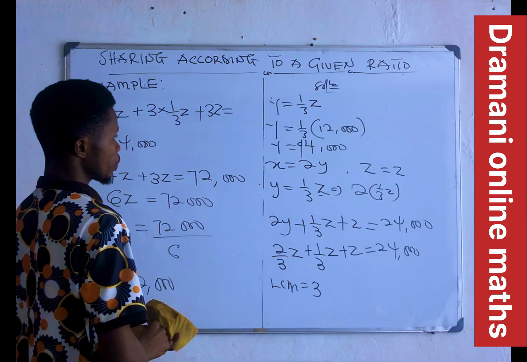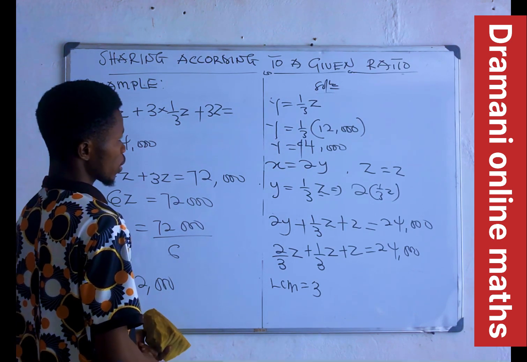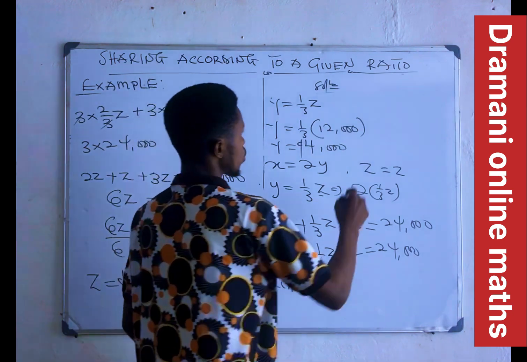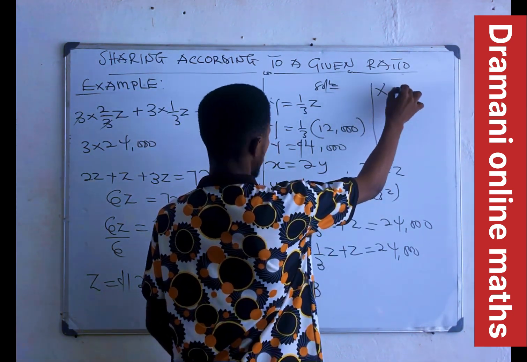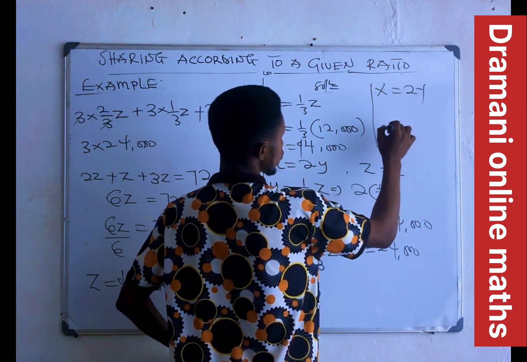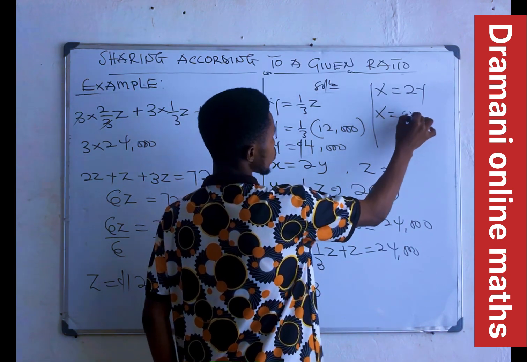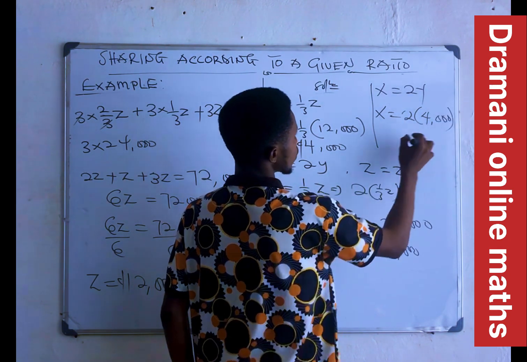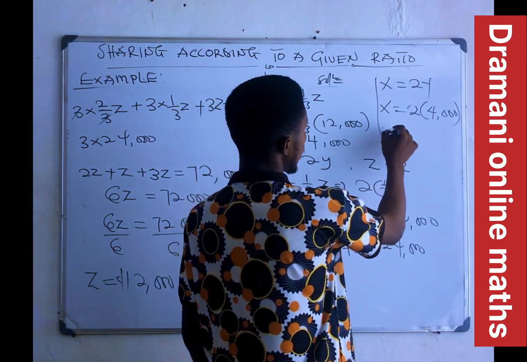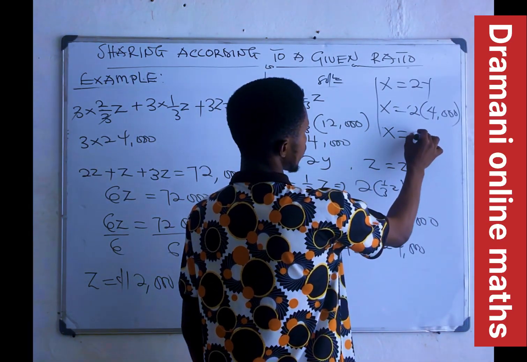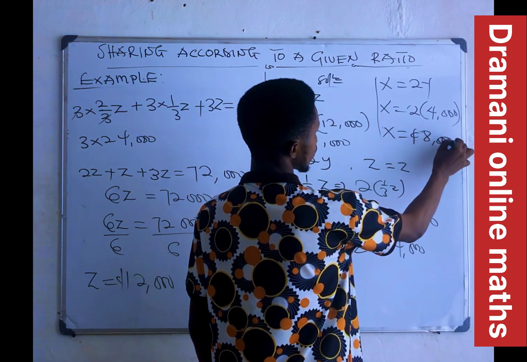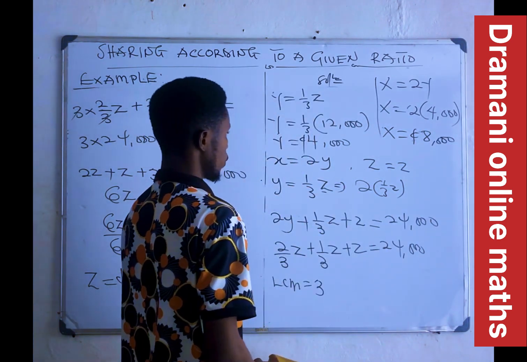That's what brother Y is going to get. Also, we know that brother X is equal to twice brother Y. So brother X will be 2 times 4,000. So X receives 8,000. Is that okay? Very good.